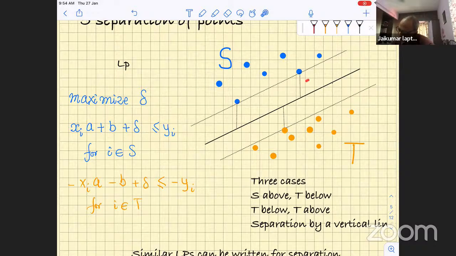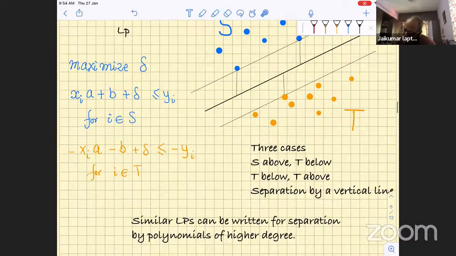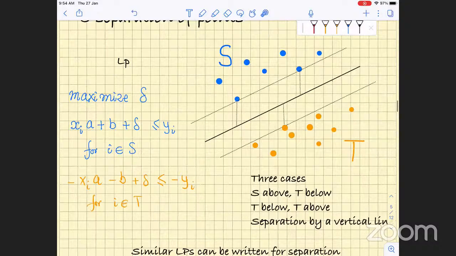So these distances should be at least delta, and for the orange points also it should be at least delta. I'm not 100% confident that these inequalities are what they should be, but you can imagine that something like this has to be written. For all points in T, they should be below the line by a substantial margin delta. Sorry, shouldn't it be minus delta? Xi a plus b minus delta, like the previous.